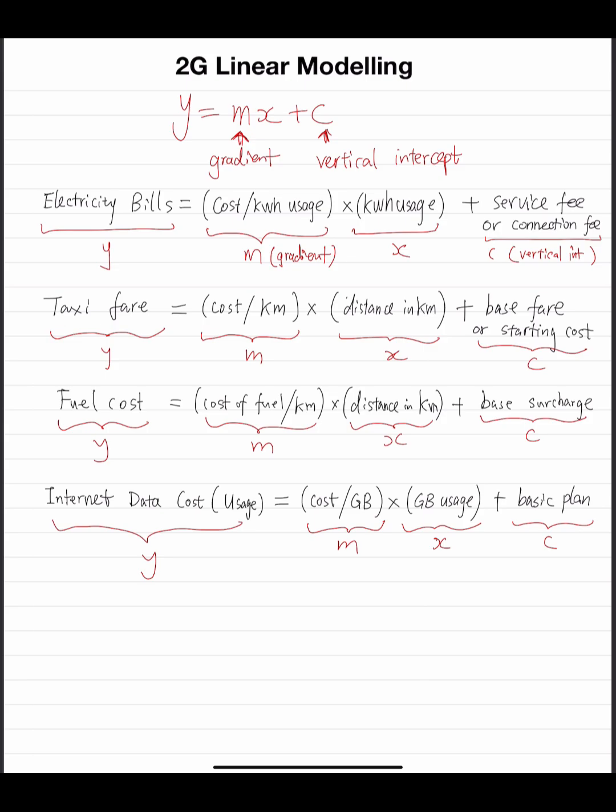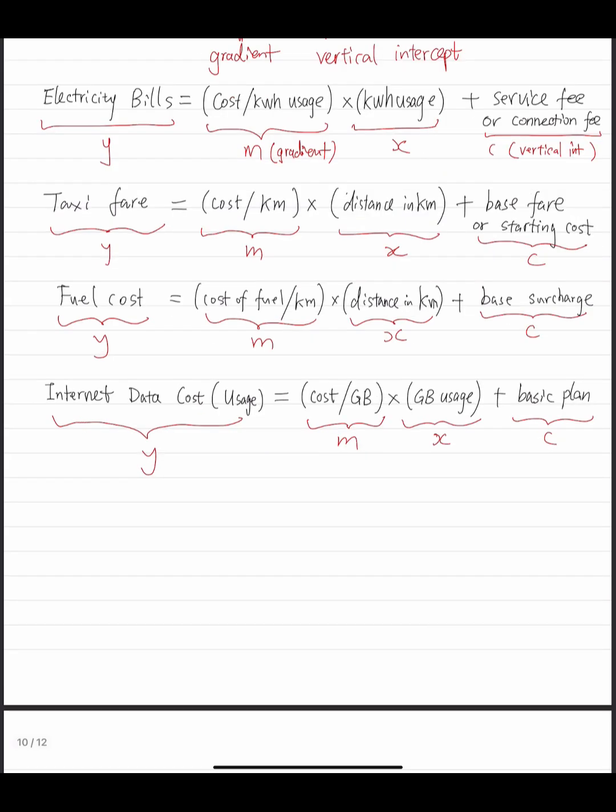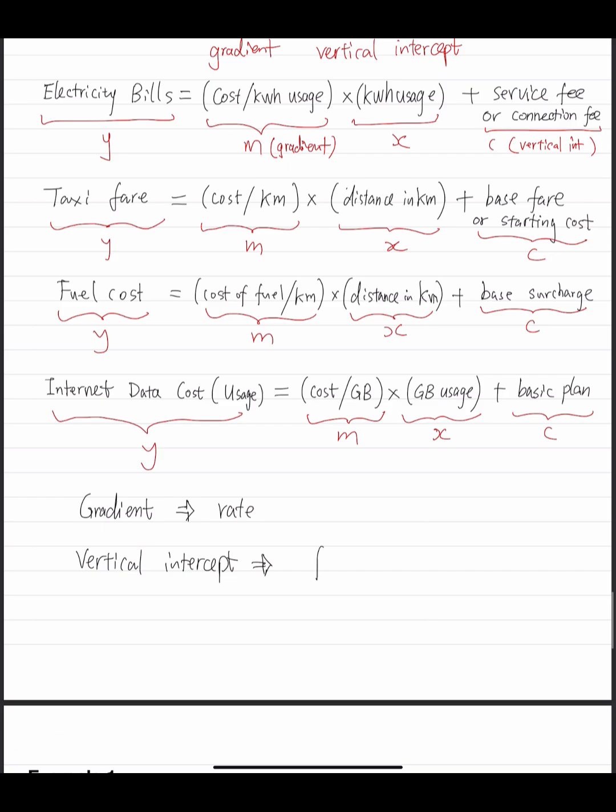Just to summarize all these examples: the gradient in linear models often relates to the rate. As for the vertical intercept, it often relates to a fixed part of the cost, a fixed cost or fee.